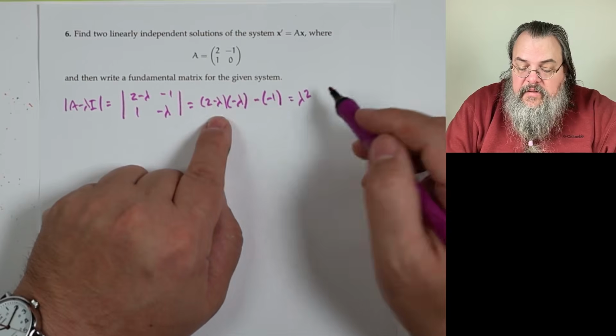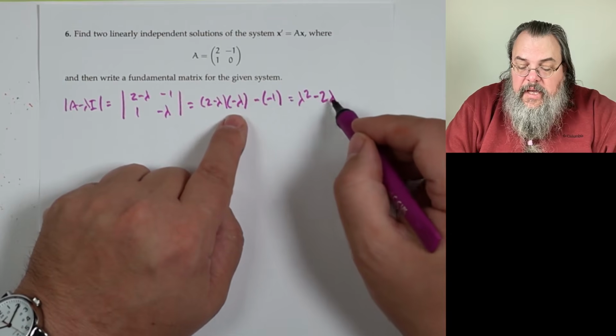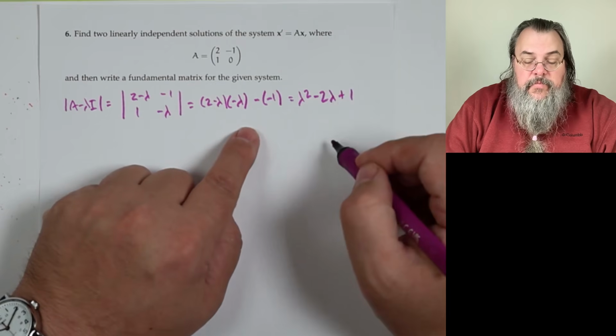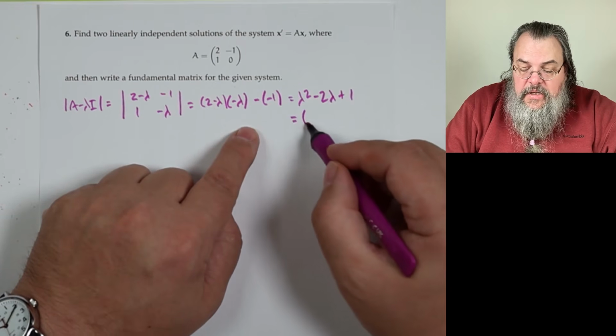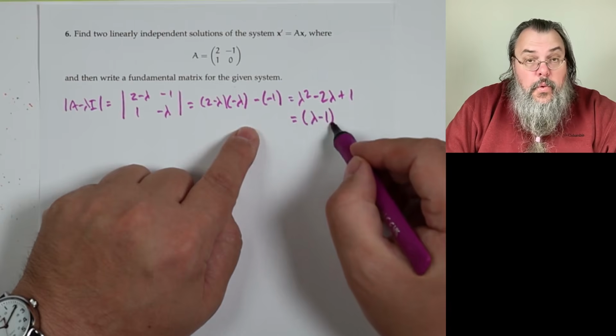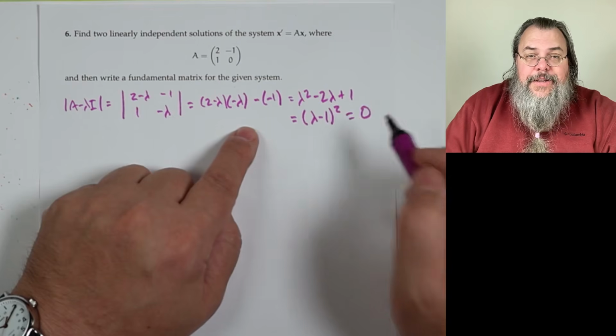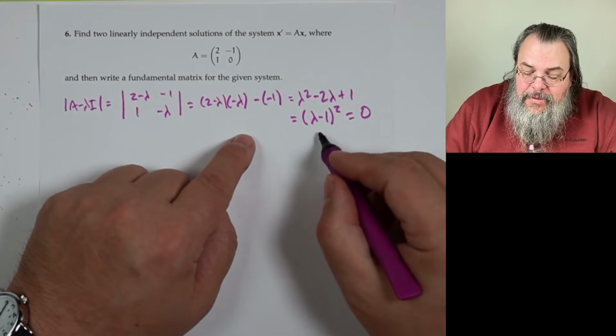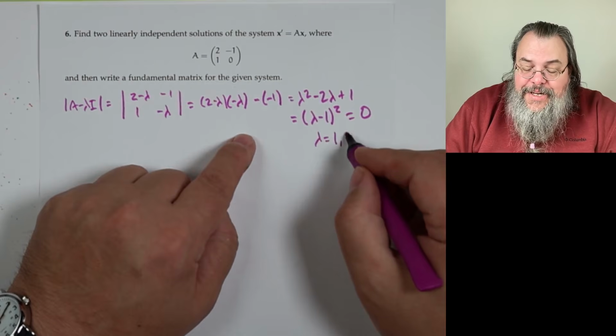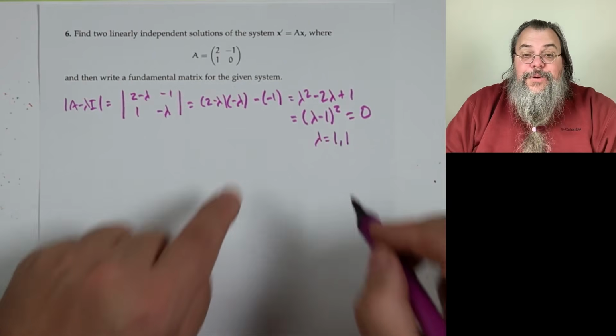Minus 2 lambda plus 1. Which to the knowing observer, you'll say, ooh, that's lambda minus 1 squared. Now we set that equal to 0, and what do we see? Repeated eigenvalues. 1, 1.